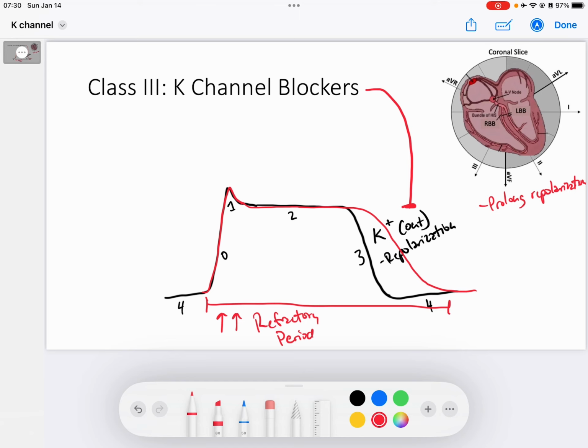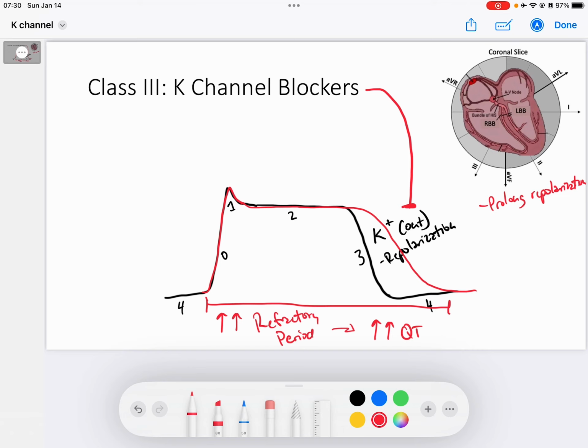And on the EKG, our refractory period is known as our QT interval. So we actually, on the EKG, are going to increase the QT interval. And so you might ask, well, why does this help? Well, these are really helpful in the suppression of some of these tachyarrhythmias that we know can be lethal.